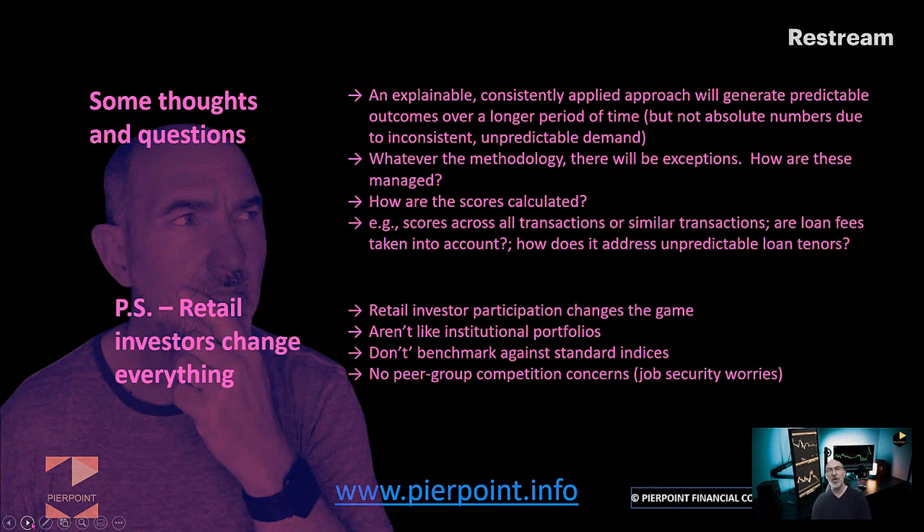So it's a different thought process there. But look, an explainable, consistently applied approach over time should generate that kind of reasonable, consistent allocation distribution to all of the underlying clients. Now, that might not happen in a day or a week or a month, but certainly if you're talking about months and years, that distribution should be clear and predictable in that sense.